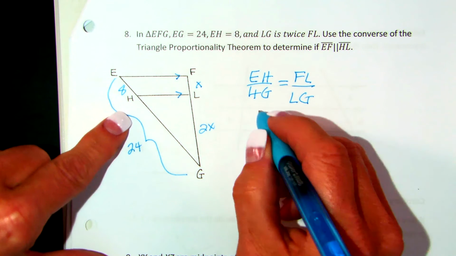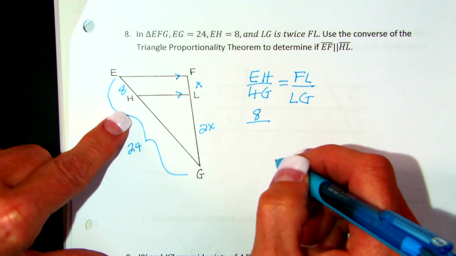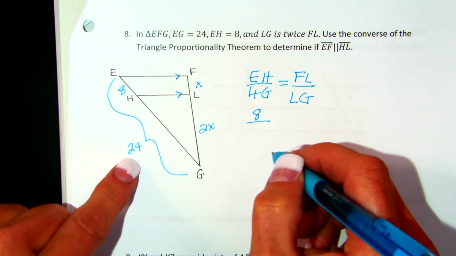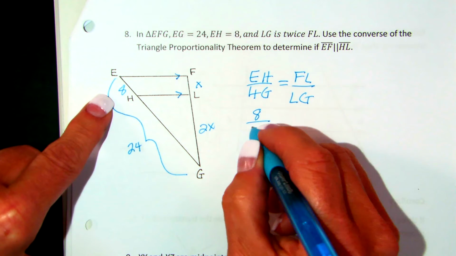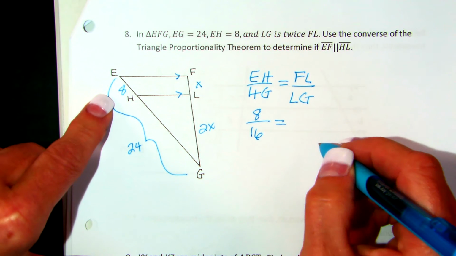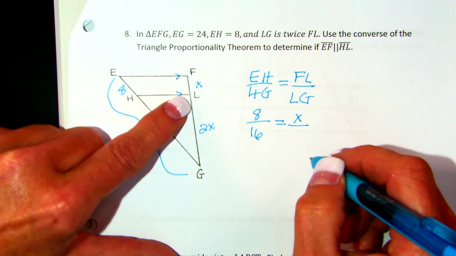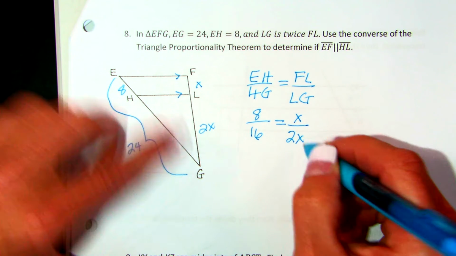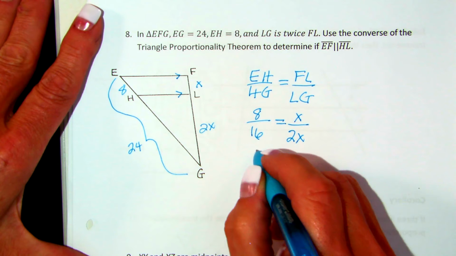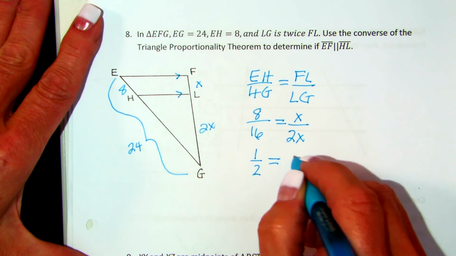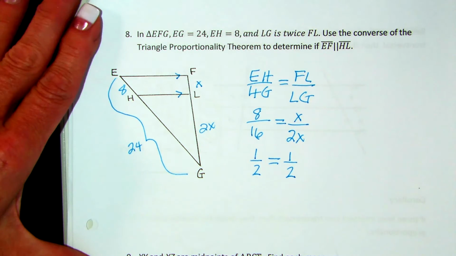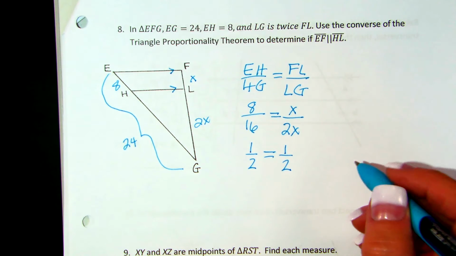So EH is 8. HG would be 24 minus 8, which is 16. FL is X, and then LG is 2X. And so when I reduce the two fractions, I get 1/2 equals 1/2. So they are equal, so the sides are proportional.